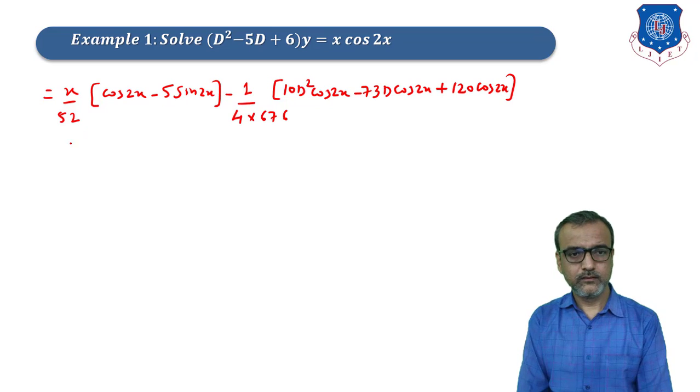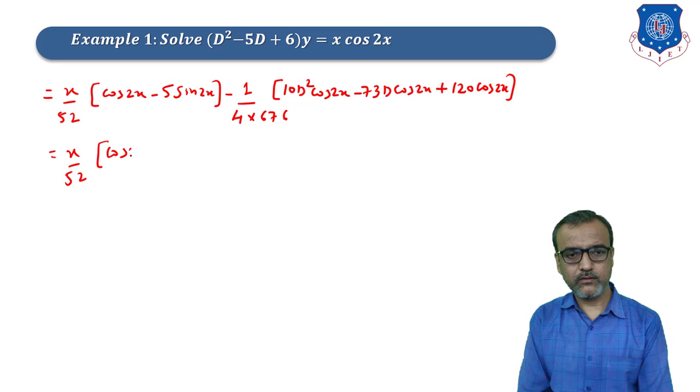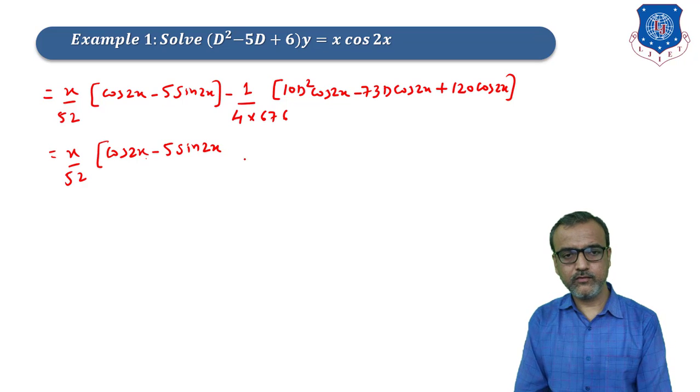Now we will simplify this expression. x upon 52 will be as it is, cos 2x minus 5 sin 2x minus 1 upon 4 into 676.